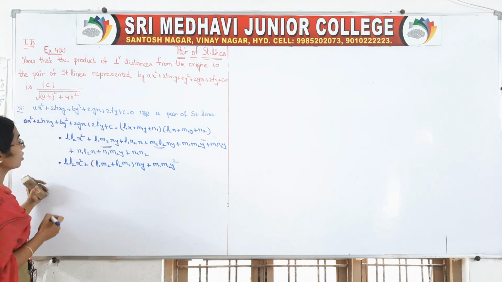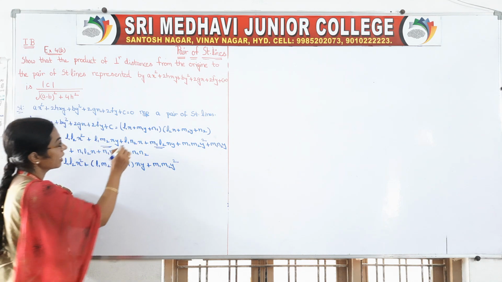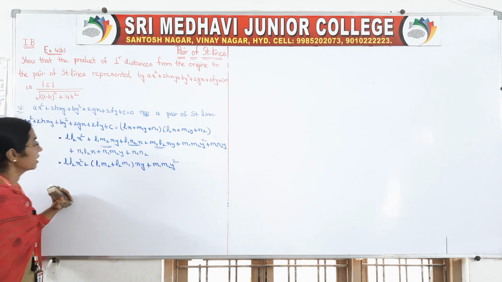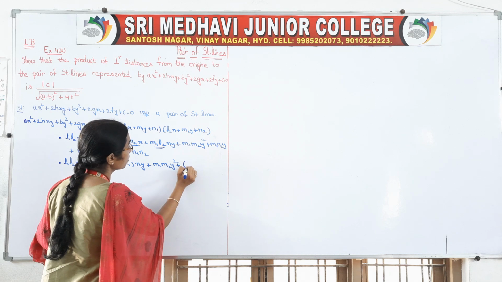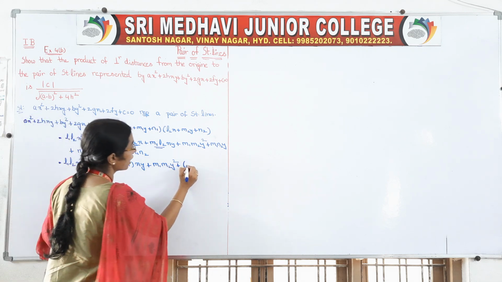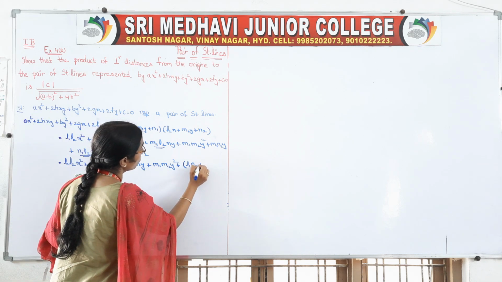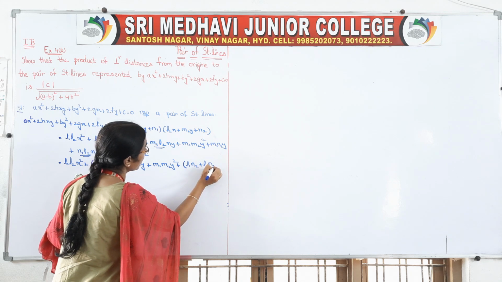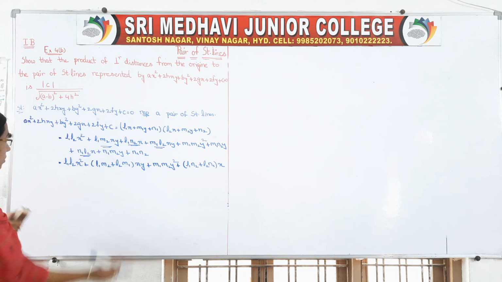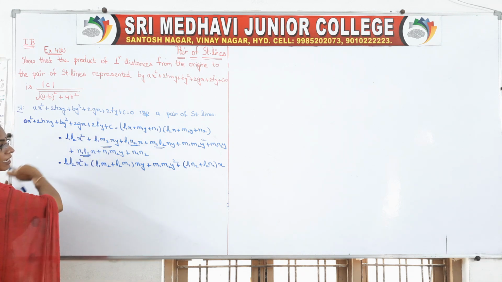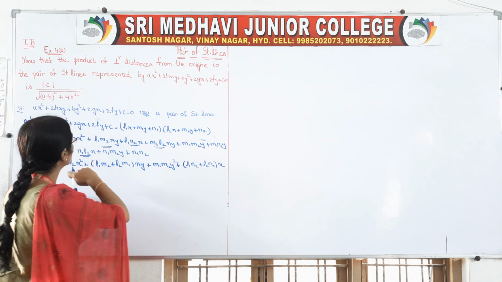Next the x term. Observe, where is your x term? Here an x term is there, here also an x term is there. So take x common, two terms are there: (L1 N2 plus L2 N1) into x. Next the y term, 2fy.